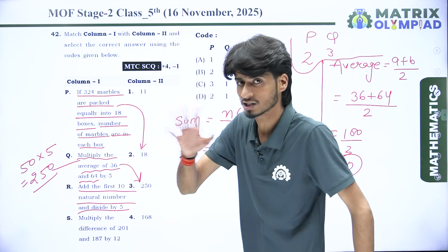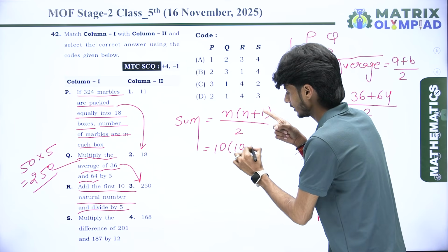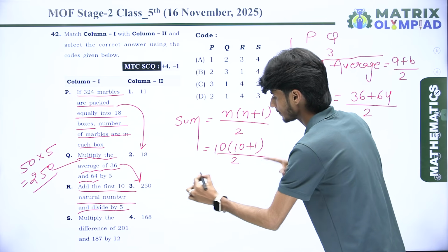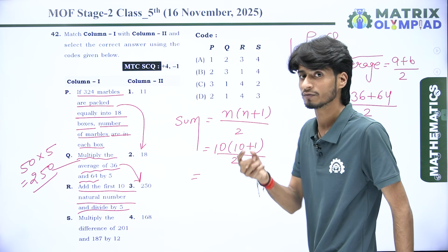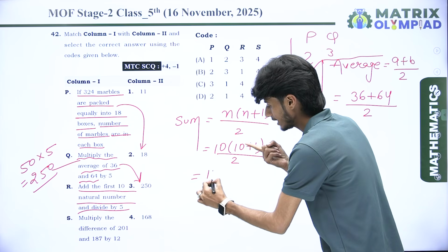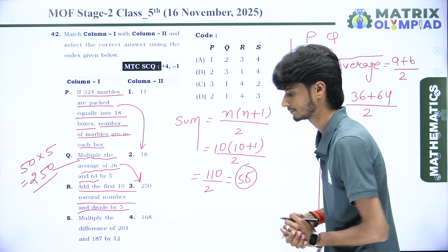We have 10 natural numbers, so put the value of 10. When we add 10 plus 1, we get 11. 11 tens are 110, and when 110 is divided by 2, we get 55.